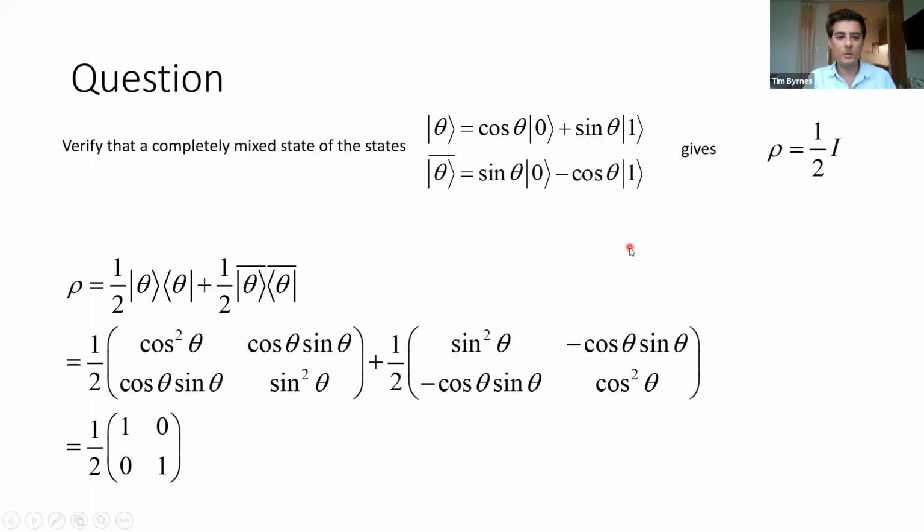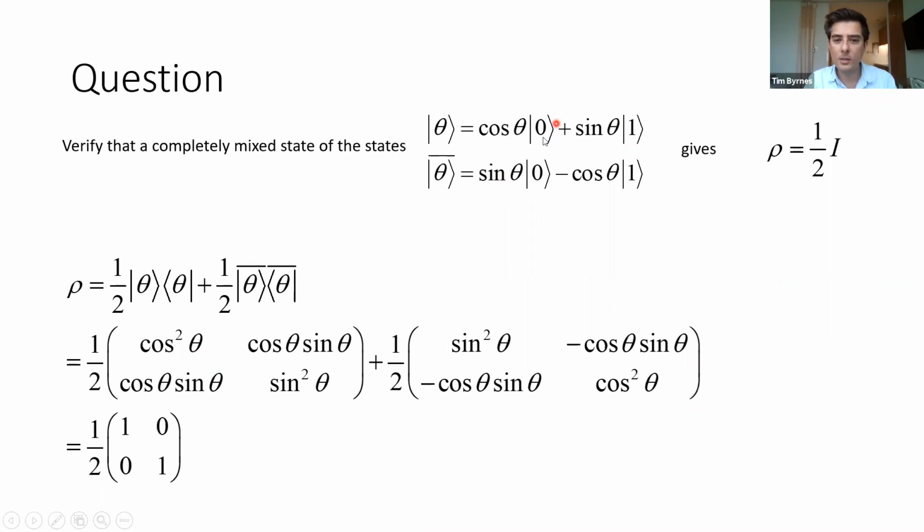Yep, so the calculation goes like this. Form the density matrix of each of the states, and multiply it by the probabilities, half, half. So this is just the outer product of this theta state, and you get these cross terms on the off diagonals, cosine, sine, cosine, sine.